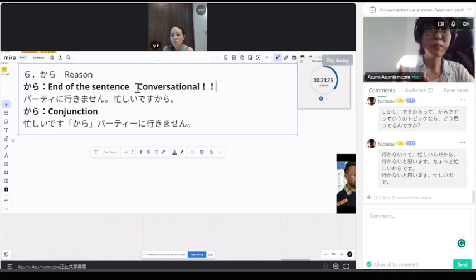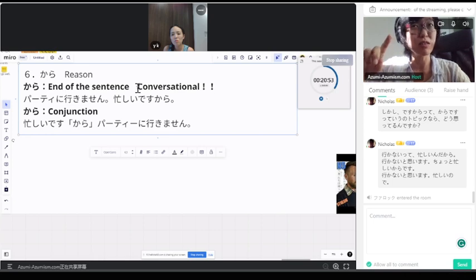As you even mentioned, in conversation you just utter something that comes to your mind, then another comes to your mind, then another. パーティー行きません。忙しいですから。Like, one by one, the casual sentences are so short and just put one by one, right? So you don't have time to think or construct a sentence structure.